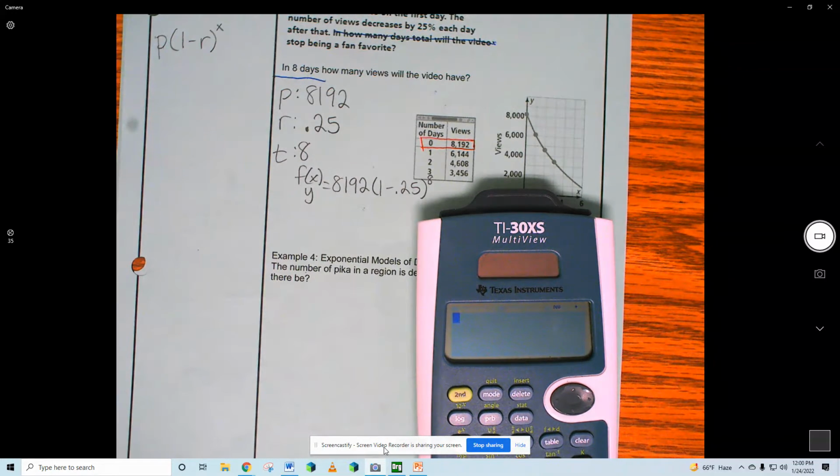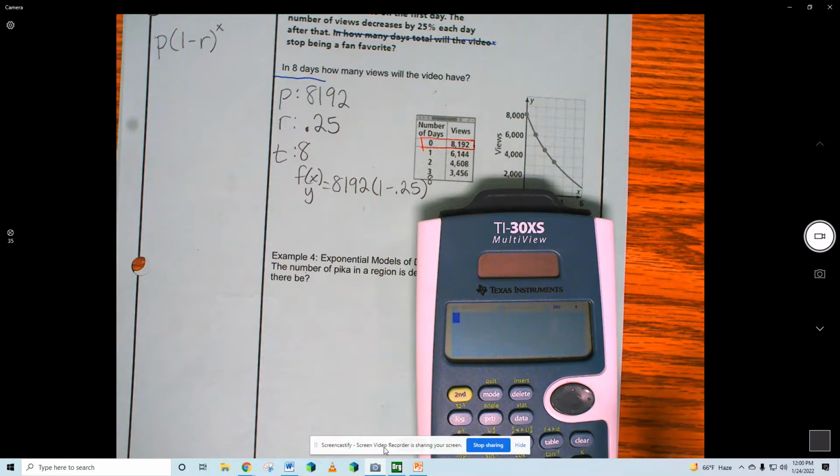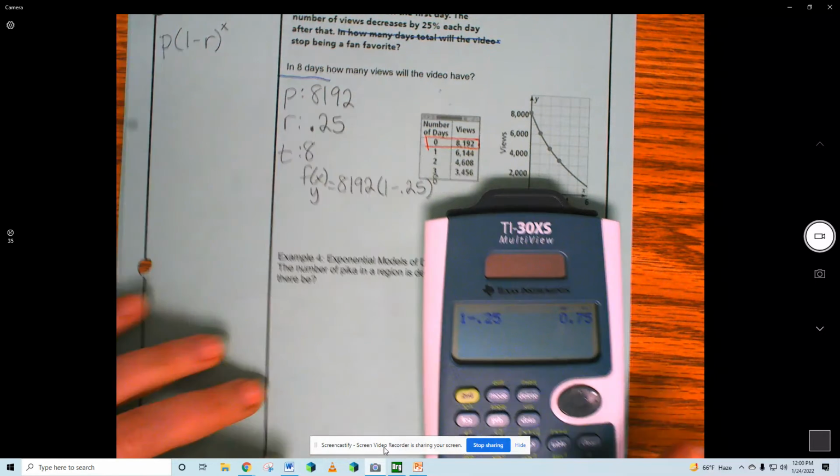If you're at home using your own calculator or your cell phone, you need to do the 1 minus 0.25 first. So I could do that actually first. 1 minus 0.25 is 0.75.